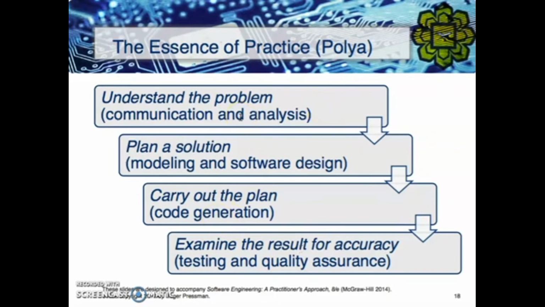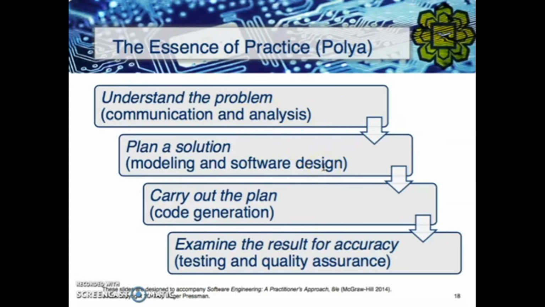In software engineering, we have to do this communication and analysis. These are necessary activities, as we have seen in the generic process framework, because we need to understand the problem that we are dealing with. And then once we have done the communication with the stakeholders and the necessary analysis, we come out with a proper modeling and design.